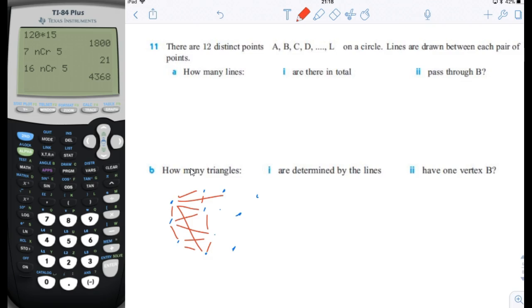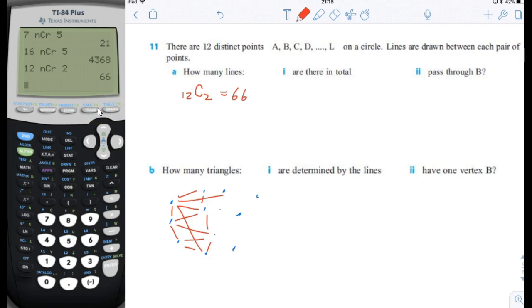How would you calculate that using combinations? You would say, well, I'm going to choose 2 points from the 12, and I'm going to do that as many times as I can in different combinations. So that would be basically 12 chooses 2, right? 12 choose 2 would be 66. So that's the number of lines total there are.